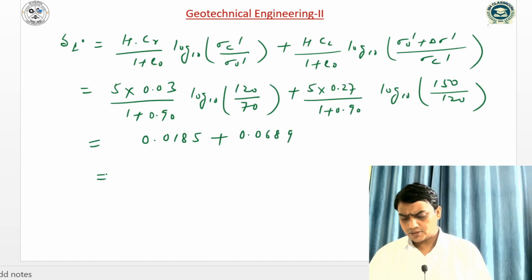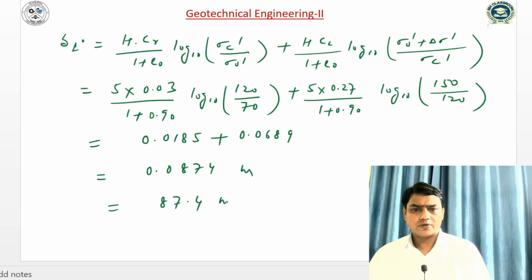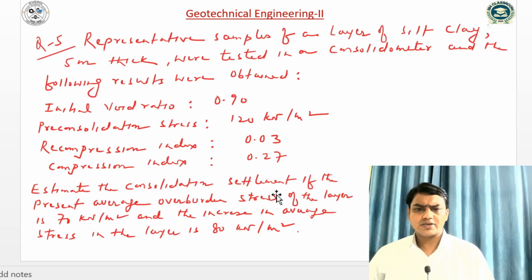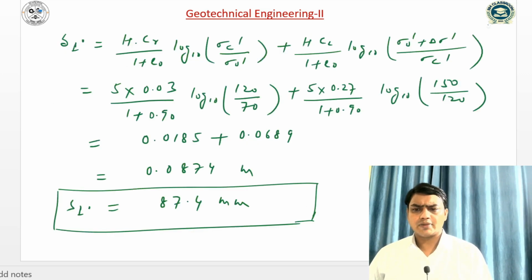So the total settlement is 0.0185 plus 0.0689, so total is 0.0874 meter. If I convert to mm, it is coming 87.4 mm, which is the primary consolidation settlement in over consolidated soil. So the total settlement is 87.4 mm.